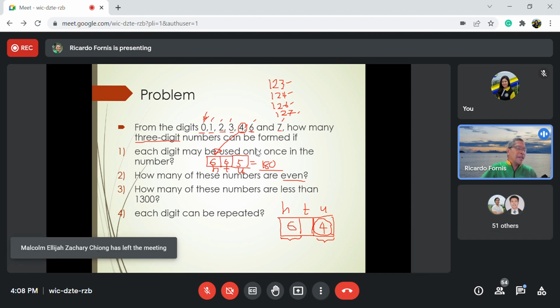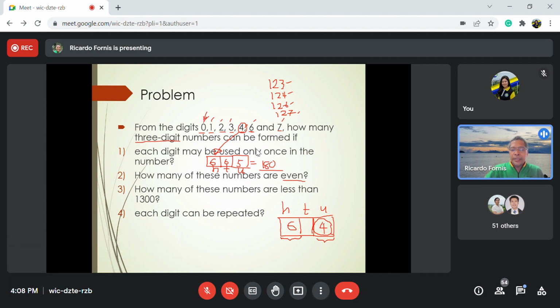Okay, let's follow the flow. Earlier, Almedelia suggested 4, since she saw 0, 2, 4, and 6, and she believed that the 4 digits can be assigned as the units digit. And then Mark said that in the hundreds digit, 6 is possible. Okay, let's try. I assigned 2 here, so meaning the 2 is taken out.